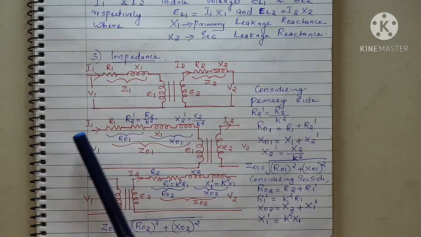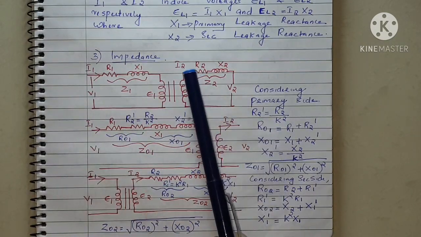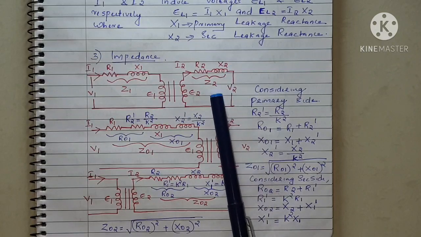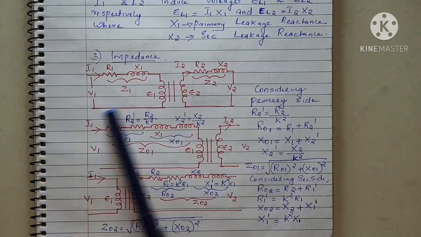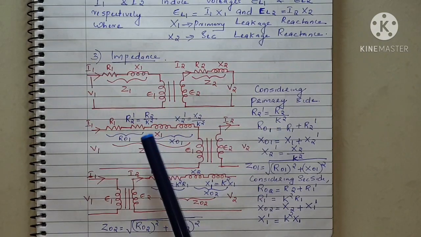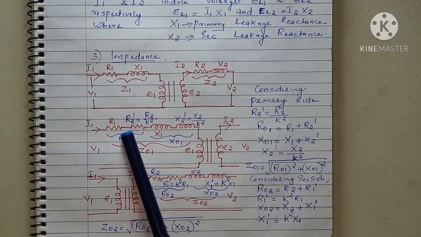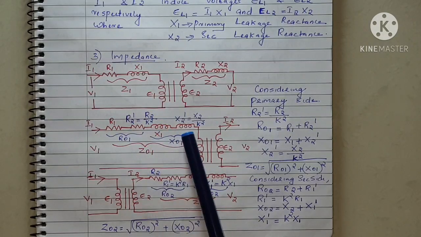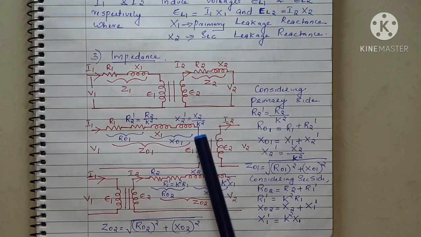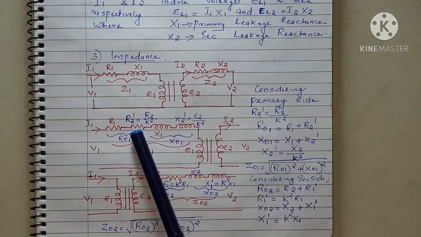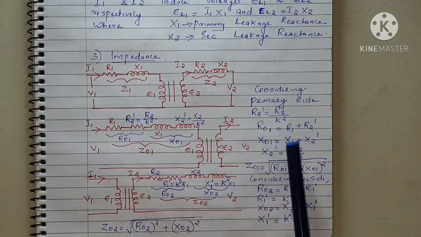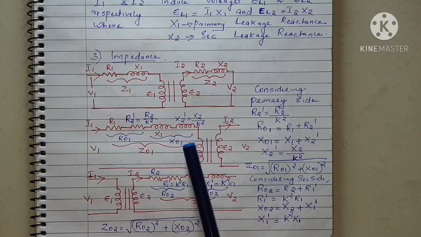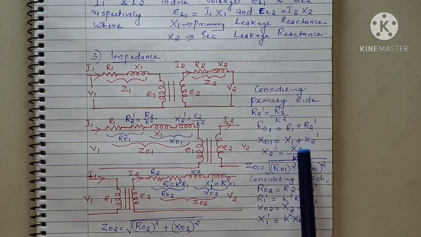That is, in case 1, the secondary resistance, reactance and impedance get shifted to the primary side. So, we already discussed that if resistance gets shifted to primary side, it will get divided by a factor K square. Same with the reactance also, it will get divided by the factor K square.